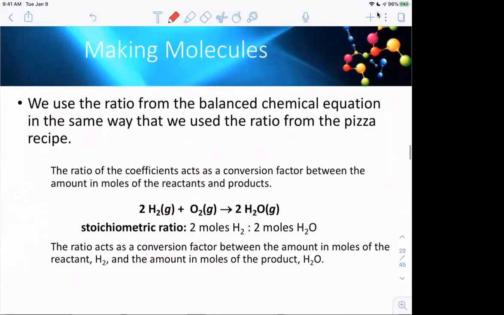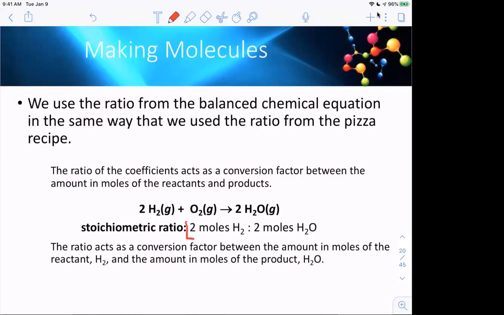We're going to use the ratio from the balanced chemical equation in the same way that we use the ratio from the pizza recipes. The ratio is going to act as a conversion factor between the amount in moles of the reactants and the products.